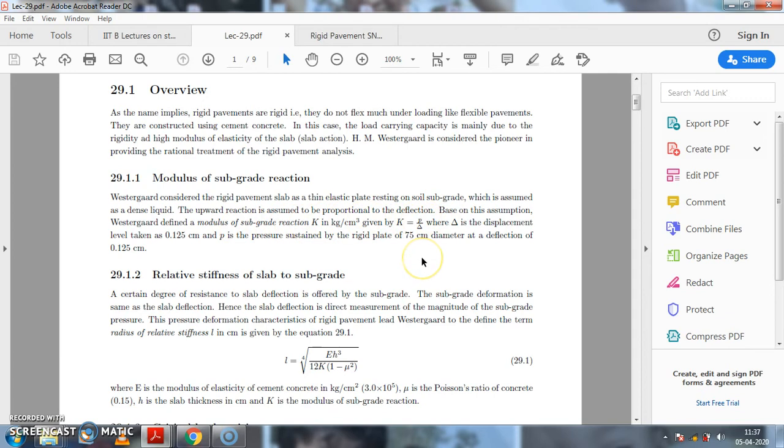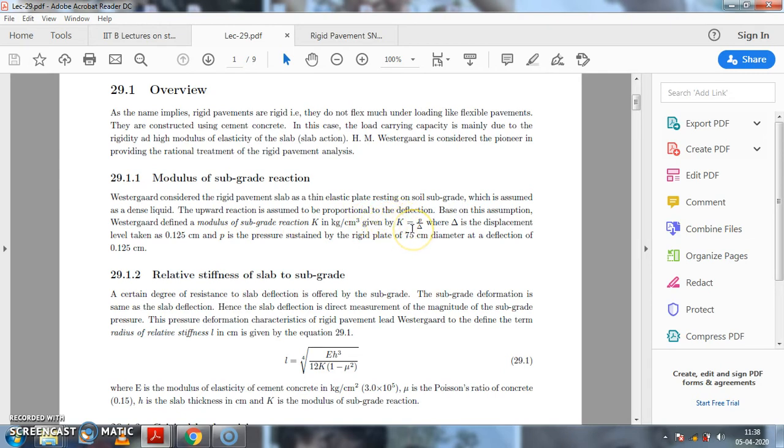That means when the vehicular load is resting on a rigid pavement slab, it is under deflection, and that deflection is directly proportional to the upward reaction which is provided by the soil or the subgrade. So as per this assumption, Westergaard defined the modulus of subgrade reaction, that is K, and the unit is kg per centimeter cube.